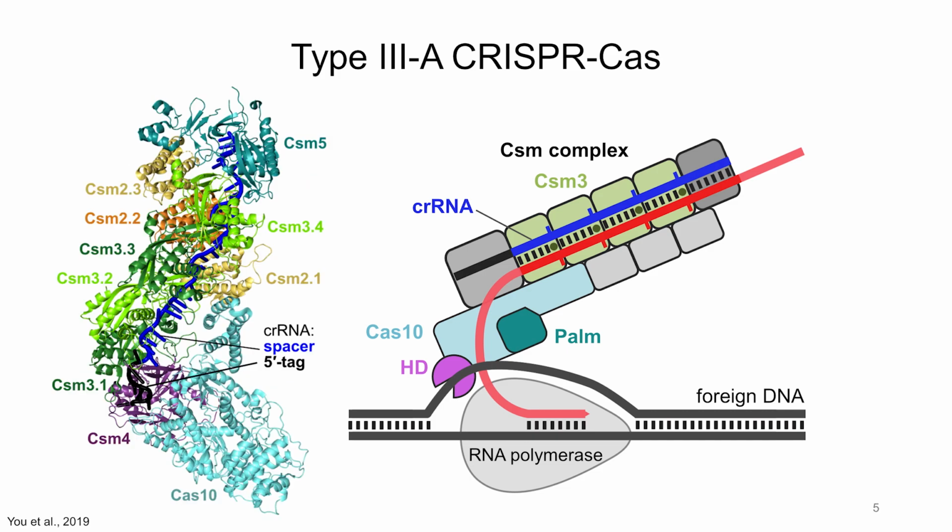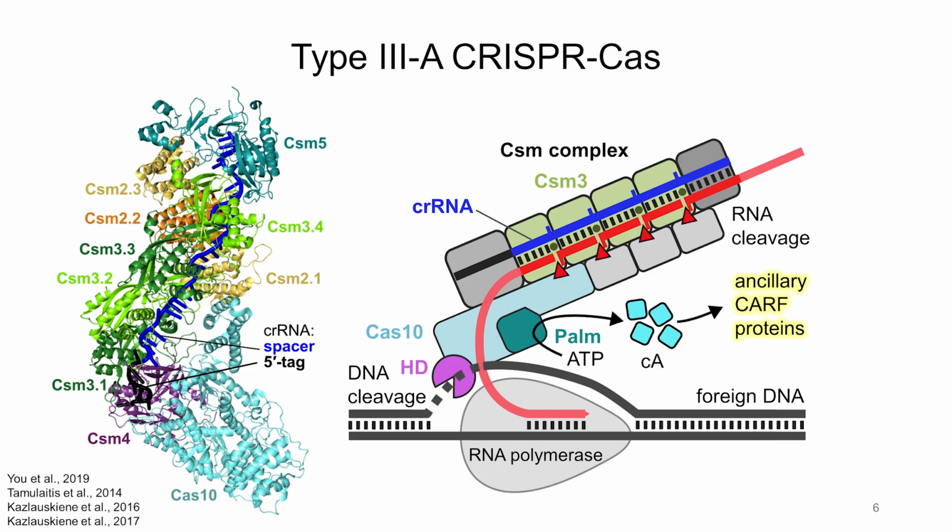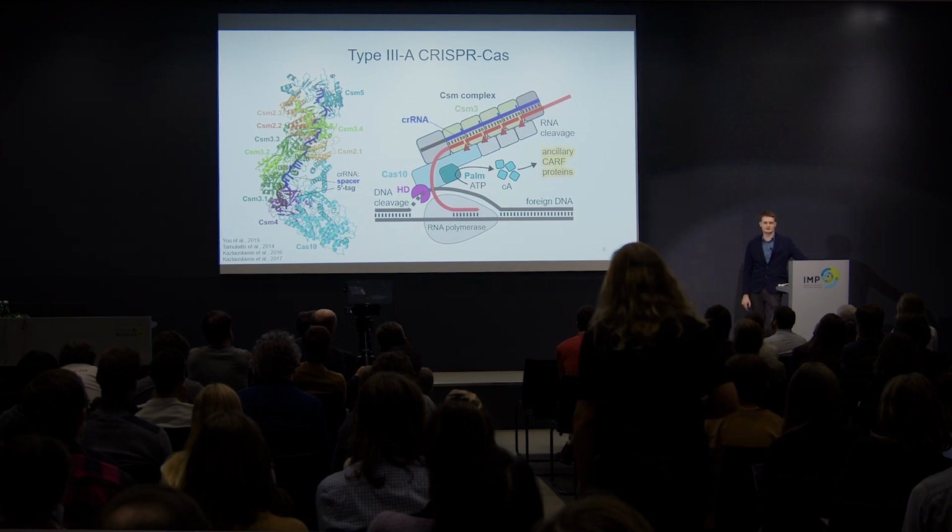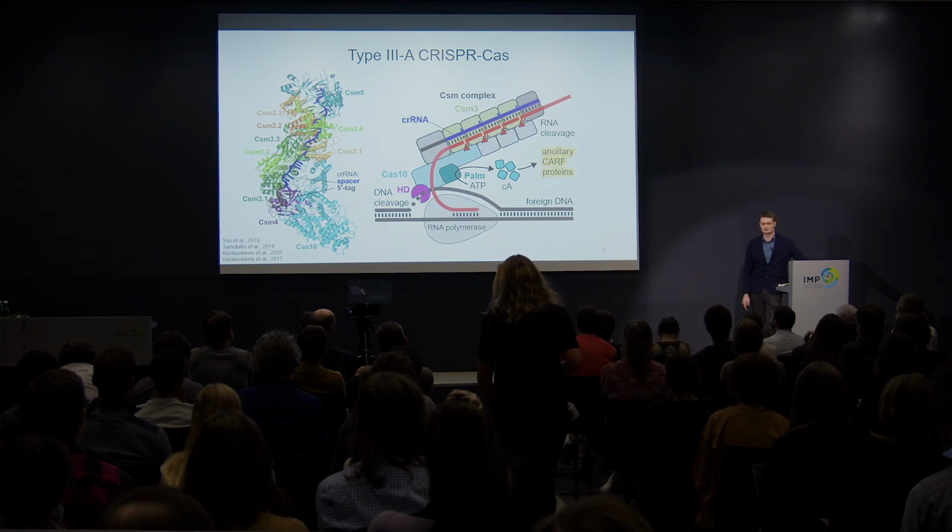And also, it is worth mentioning that this complex is very well studied both from structural and functional standpoints. So during the defense, Cas10 protein cleaves the DNA that is being transcribed by its HD domain, and its POM domain converts ATP molecules into unique signaling molecules. They are called cyclic oligoadenylates, and they in turn activate associated proteins.